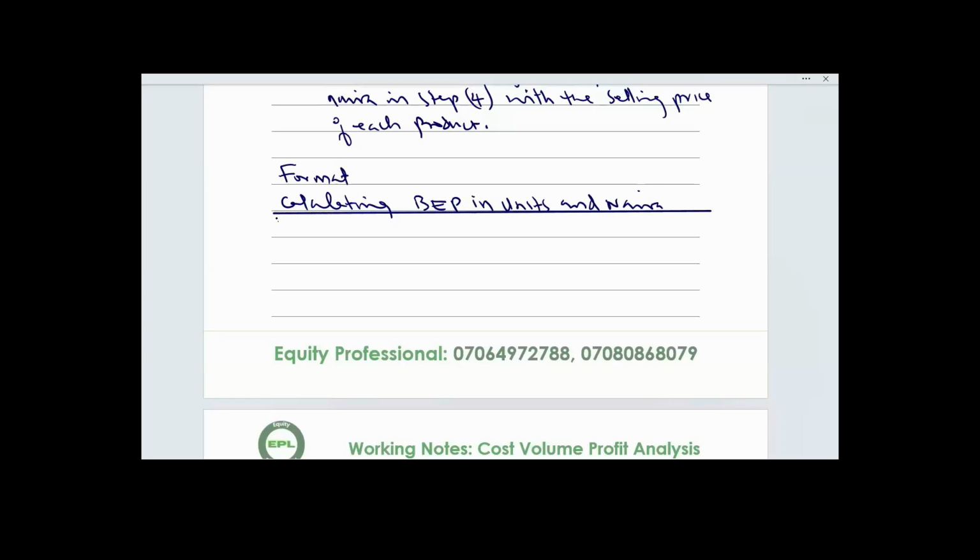The first column will be products, followed by the sales mix that you have computed in step 3. Then column 3 will be break-even points in Naira.